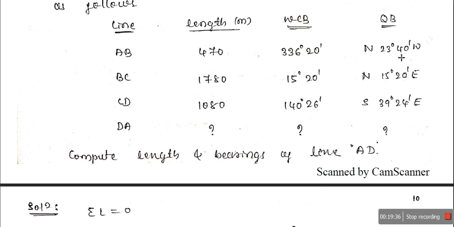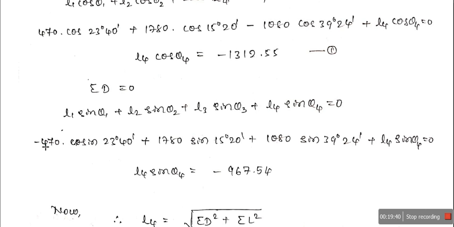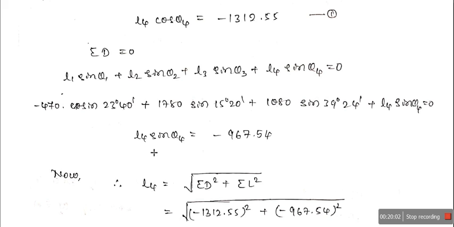In the northwest the departure is negative, so that's why I am using the negative sign convention here: minus 470 into sin 23 degrees 40 minutes plus 1780 sin 15 degrees 20 minutes plus 1080 sin of angle 39 degrees 24 minutes plus L4 sin theta 4 is equal to 0. Simplify this one, and we will get L4 sin theta 4 is equal to minus 967.54.